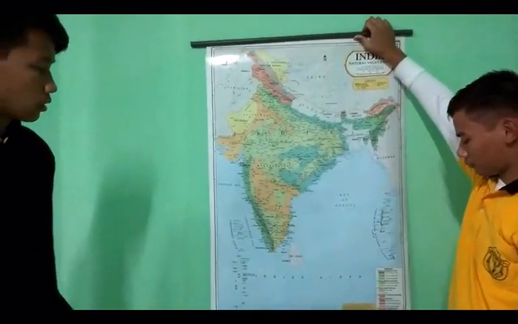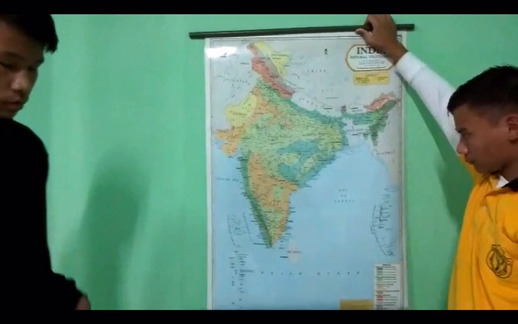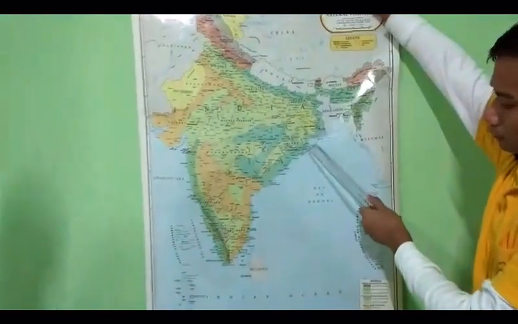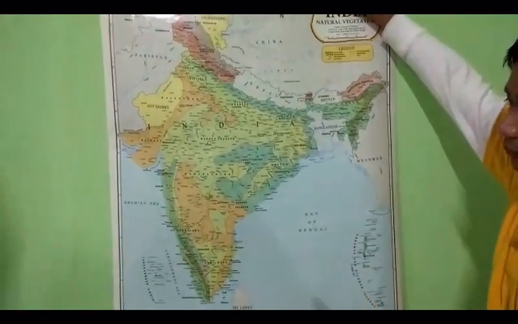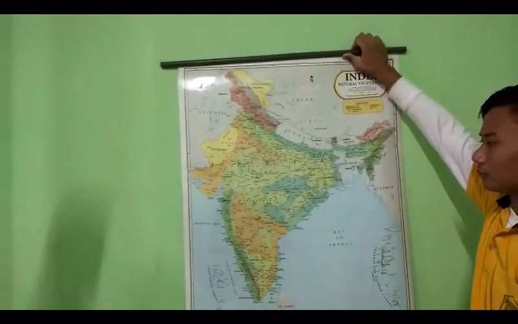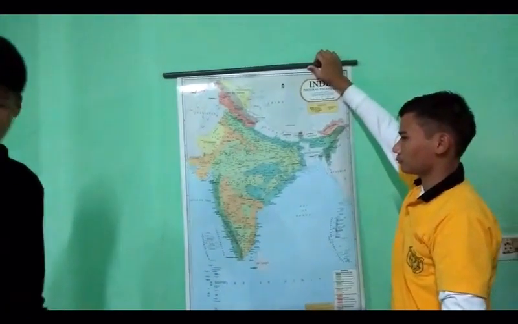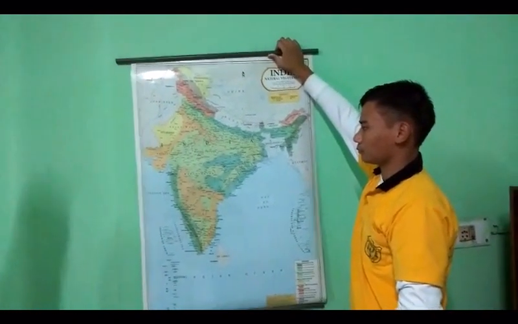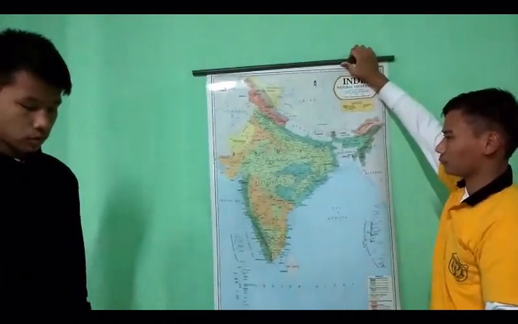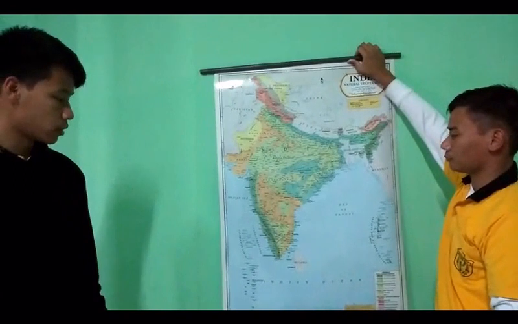The littoral and swamp forest. India has a rich variety of wetland habitats. About 70% of this area comprises paddy cultivation. The total area of wetland is 3.9 million hectares.